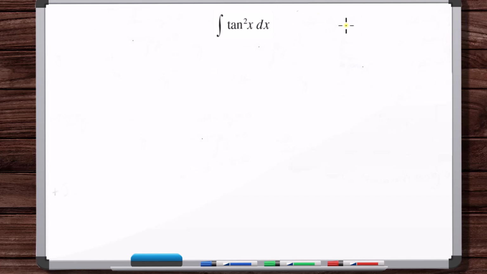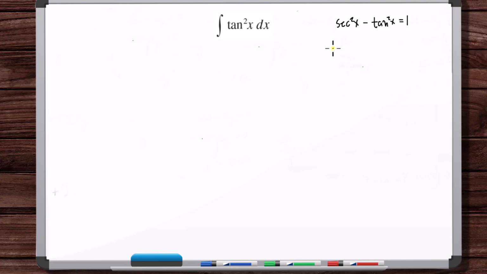When it comes to tangents and secants, the main trig identity is secant squared of x minus tangent squared of x is equal to 1. And we're going to go ahead and make this substitution, and the reason why is going to be obvious. The reason is that when it comes to integrals, secant squared is much more preferable than tangent squared. Why is that?